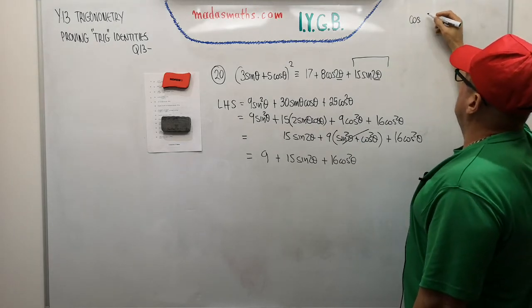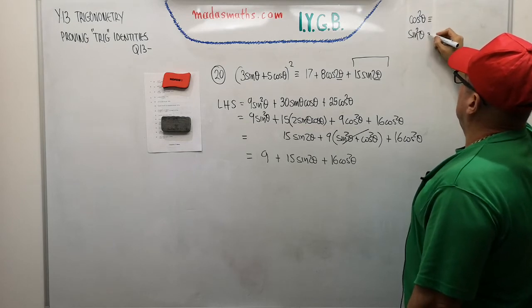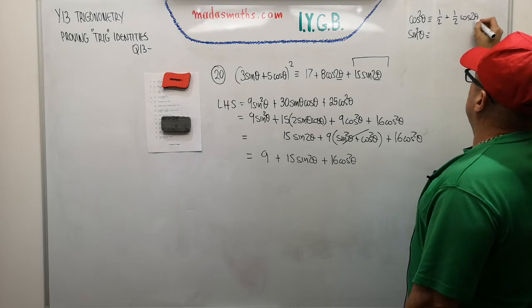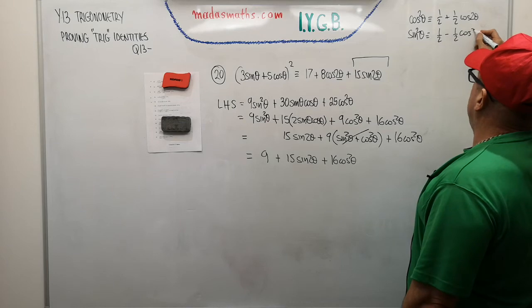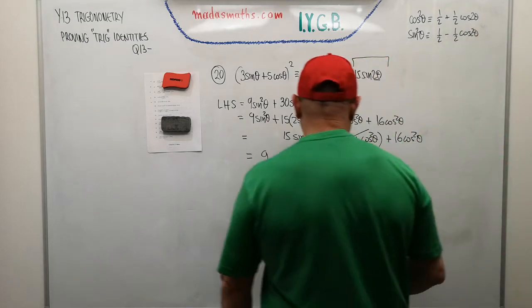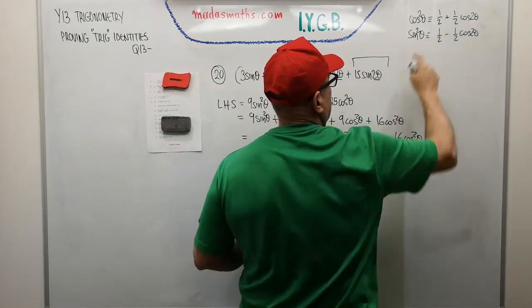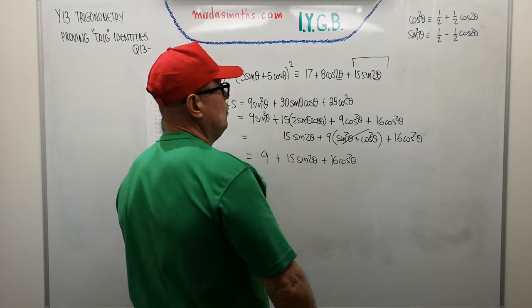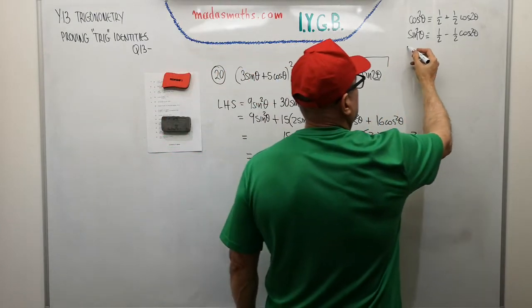I say, look, cos squared of theta is the same as a half plus a half cos 2 theta, and the sine squared is exactly the same, but with a minus. So I could have actually finished the question off by putting 16 times that. But some people might not have seen these identities before, they don't use them, and they prefer to go through the double angle every time. So I'm going to put the alternative.